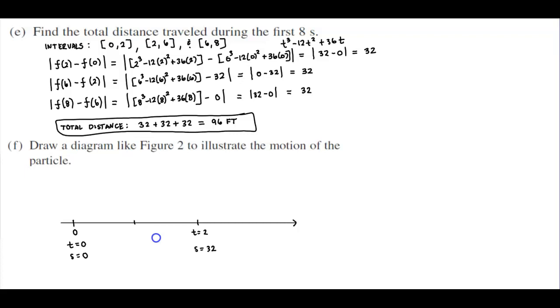So what that means here is, here we start, and then we're heading towards the value when t is equal to 2, and then it's going to change direction, because now it's going to go back to when t is equal to 6. Well, when t is equal to 6, we know the position goes back to 0.